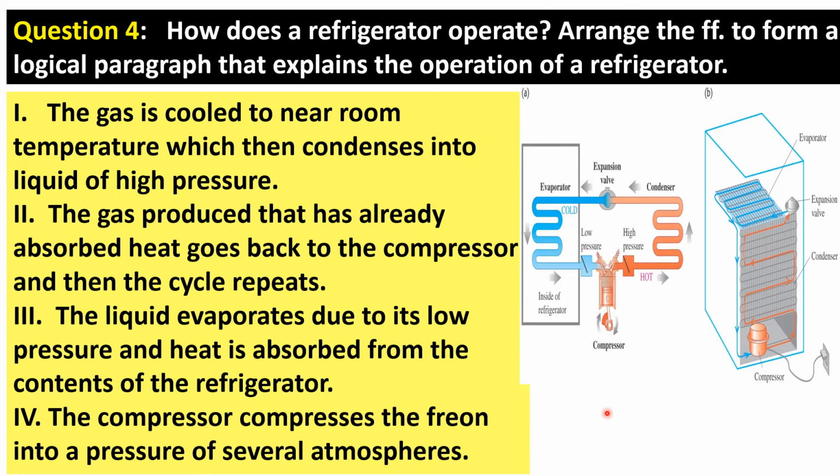But this is only made possible because of the presence of what we call a compressor. By going through these steps, I'm sure you'll be able to get the idea as to what's really the correct sequence.